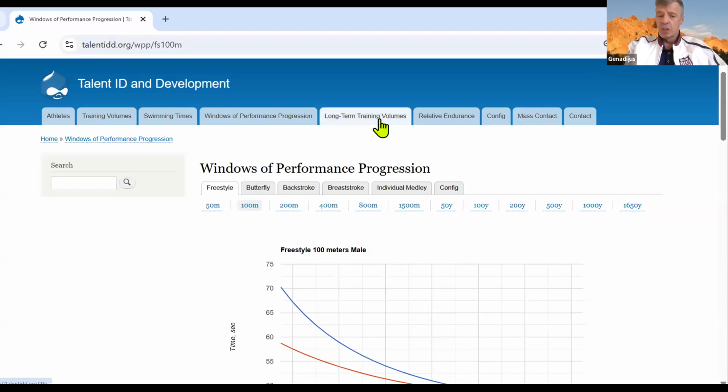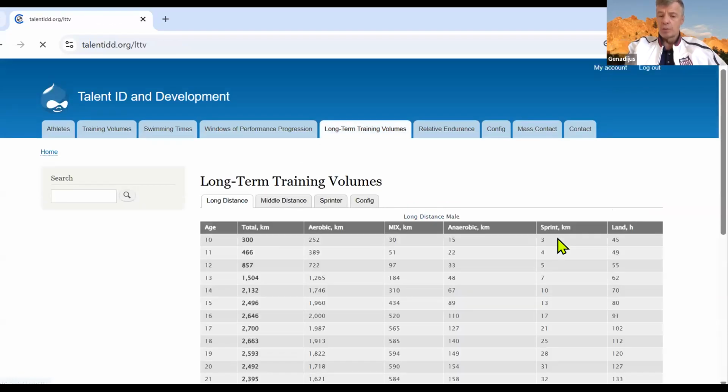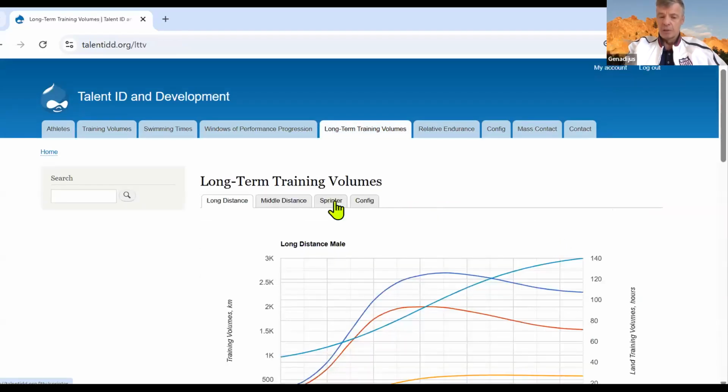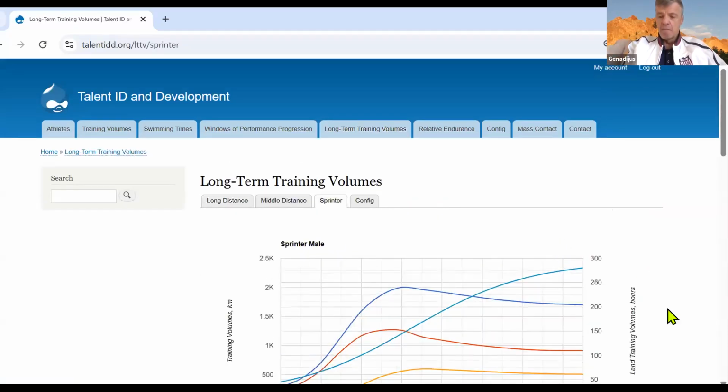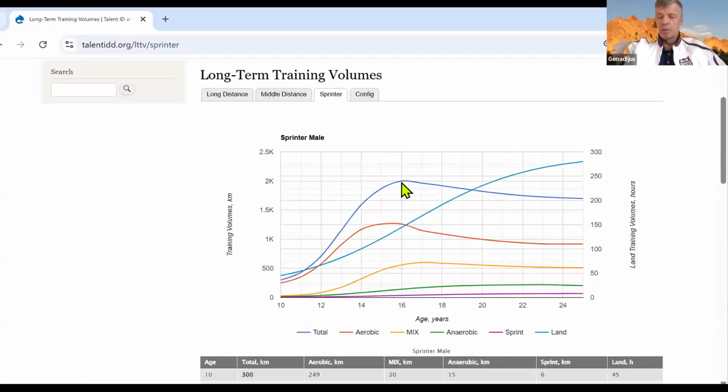Then there are also long-term training volumes, as we discussed. For example, look at the male sprinter, which we just looked at with you. Peak volume: a male sprinter should reach around 2,000 kilometers a year at around 16 years old. Then volumes go down, but intensities, especially anaerobic intensities and mixed sprint training intensities, increase every year.